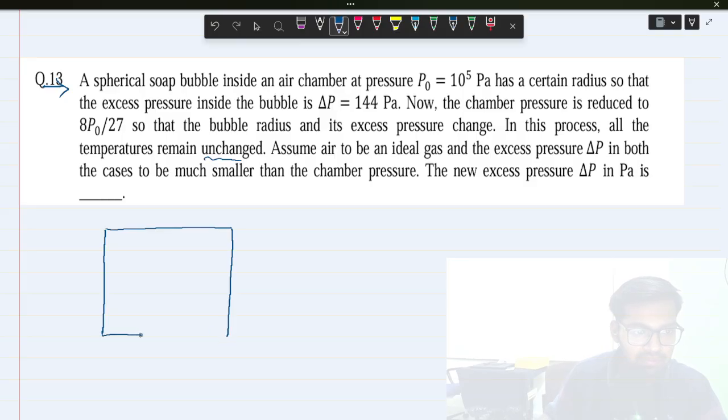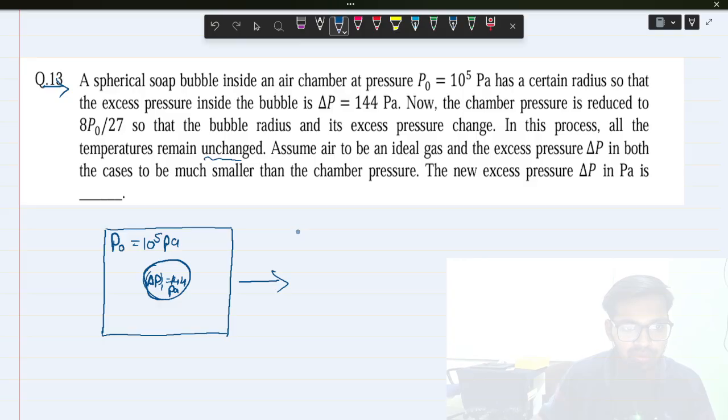The pressure of this chamber, that is P naught, equals 10 to the power 5 Pascal, and the excess pressure inside this air bubble is 144 Pascal. Now the chamber pressure is going to be reduced to 8 times P naught by 27.